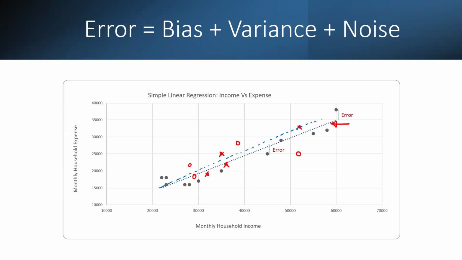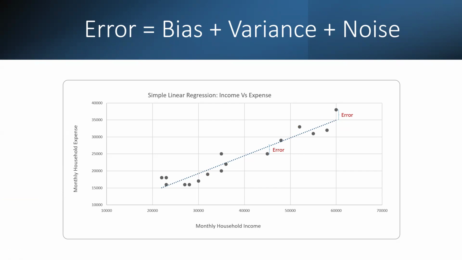So the point is that the line of best fit, or the model, is susceptible to small fluctuations in your training data set. And the error that gets introduced because of these small fluctuations which are likely in the training data set is called variance error.